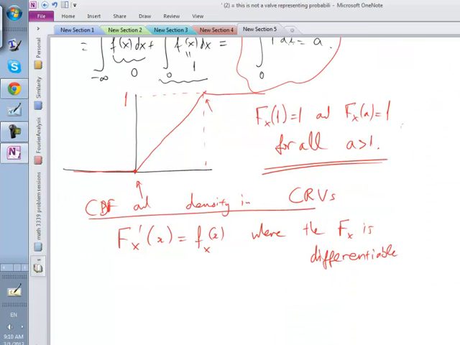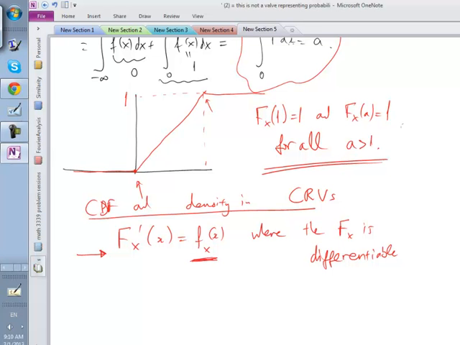So, in summary of what we have done so far, this is one of the things that we need to keep: if the cumulative distribution function is differentiable and we take the derivative, then we find the density function. That's a very useful property.